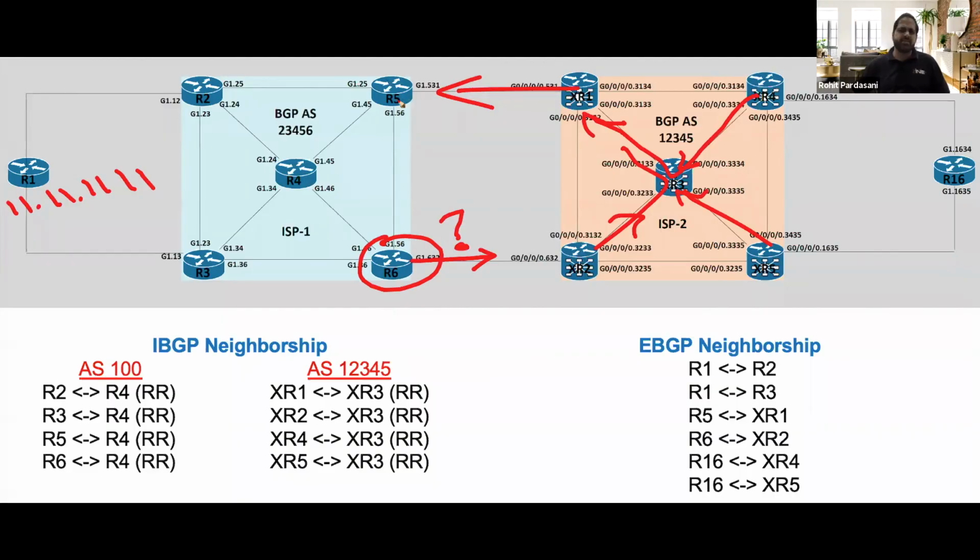Don't make any changes on R5. R5 is anyway sending I by default because R1 is advertising it as I. So all I have to do is configure R6 that when you send it to XR2, change the I to incomplete. In that case, everybody in ISP2 would prefer XR1 to go out because XR1 is advertising I automatically.